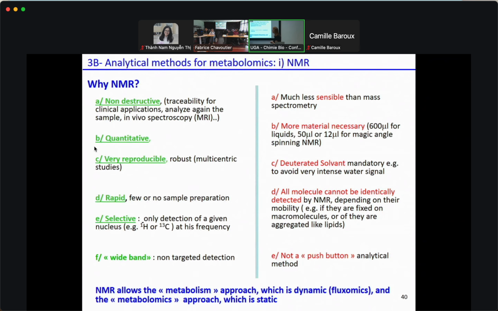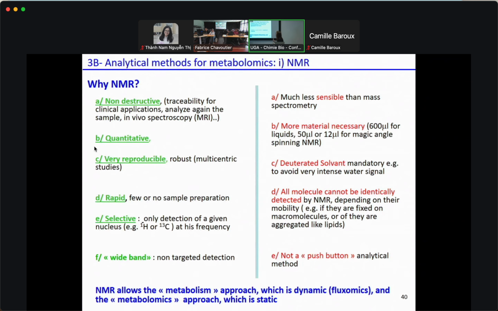If your molecule is fixed on a protein, or if macromolecules or lipids have a lower mobility than small molecules, peaks are broadened. If you decrease the mobility of molecules, you increase the width of the peaks, and at the end, the information is lost.